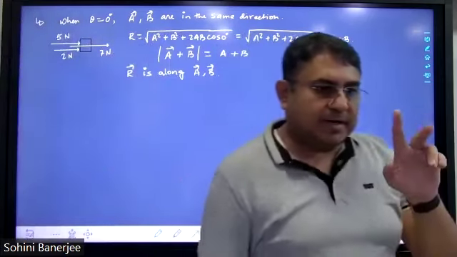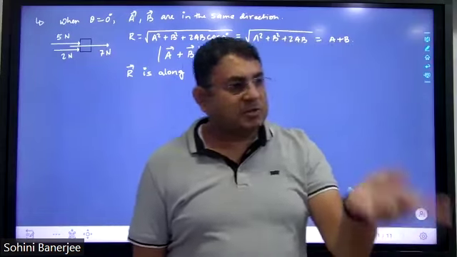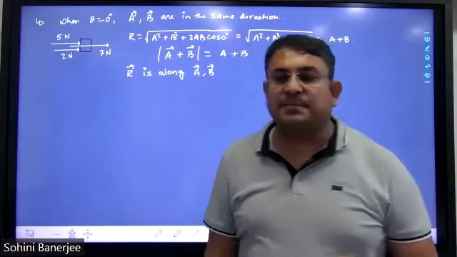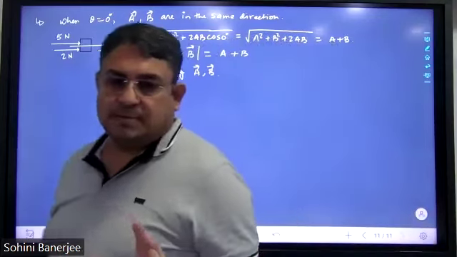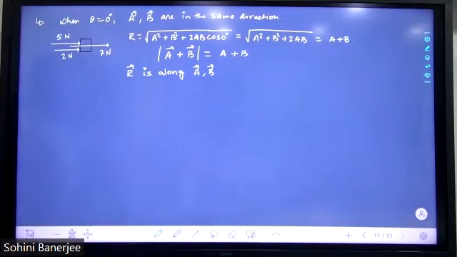So when you add two vectors which are in the same direction, their resultant will also be in the same direction, and it is A plus B. Simply scalar addition. Clear?